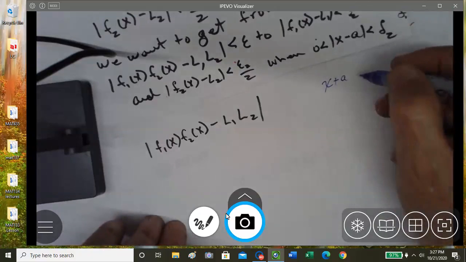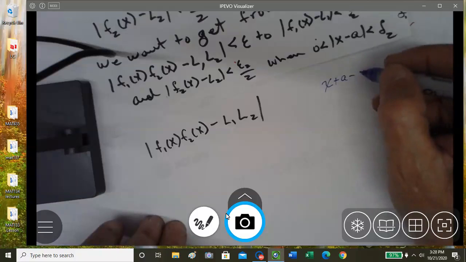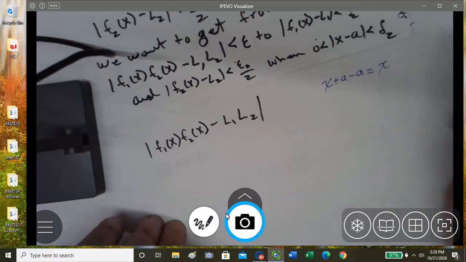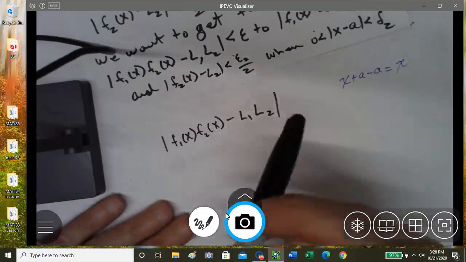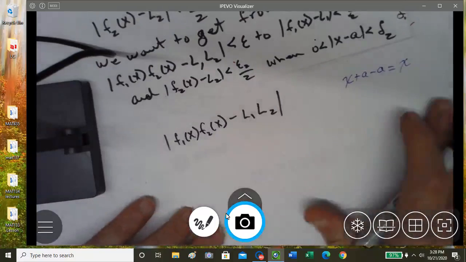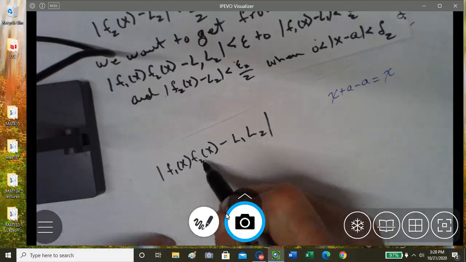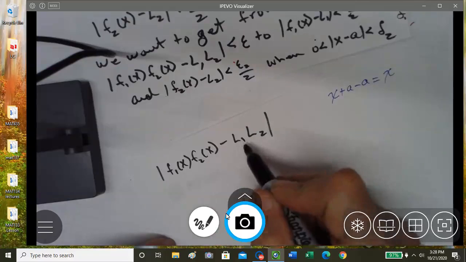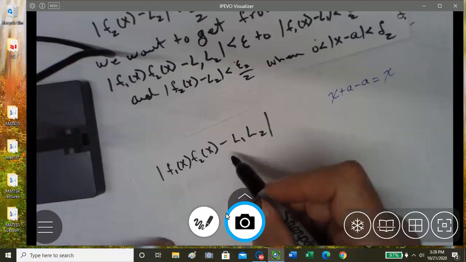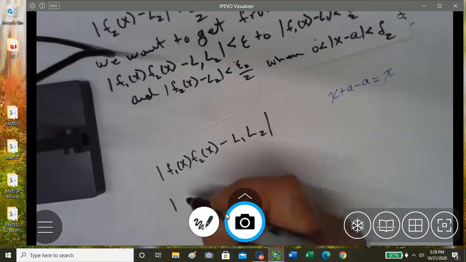So if we add a number like a and subtract a number like a, that's still x. So that's what we're doing here. We want to factor that by coming up with a common factor of f2 and L1, then we can factor that out. So this is how we're going to do it.